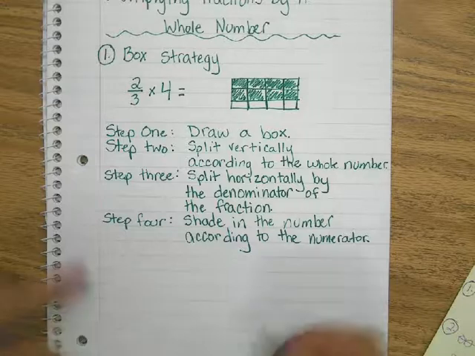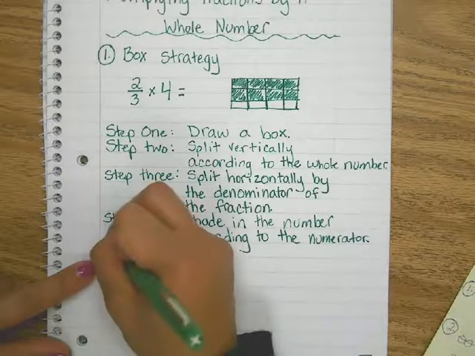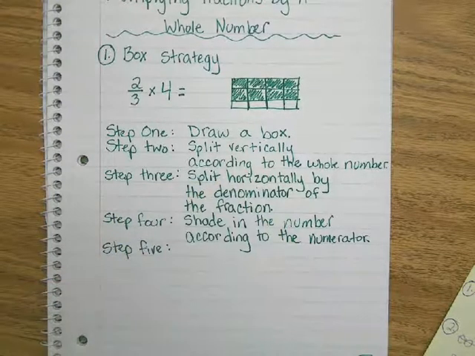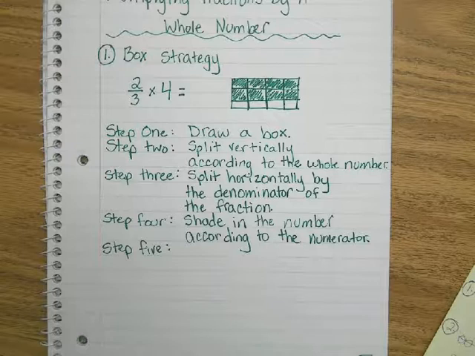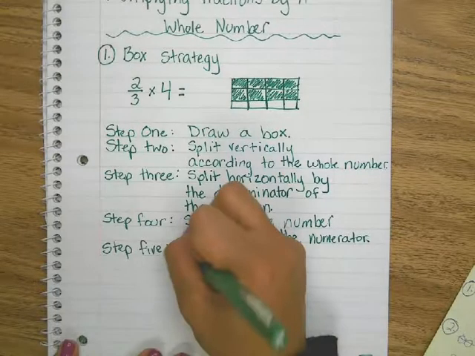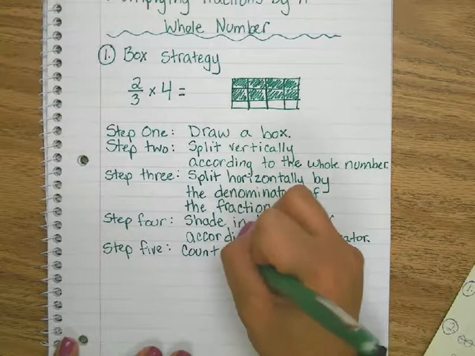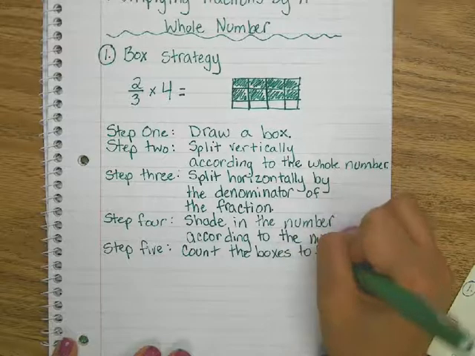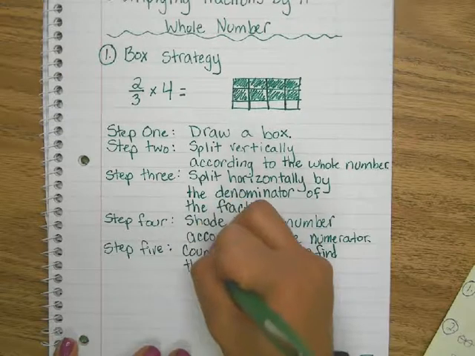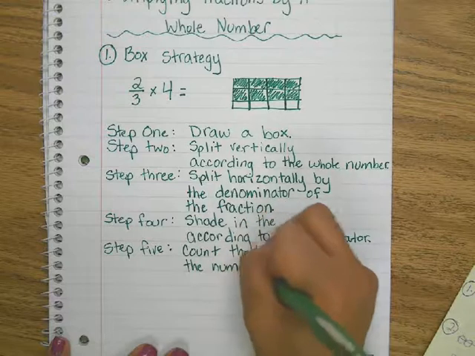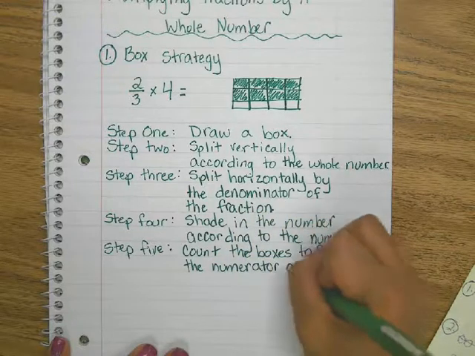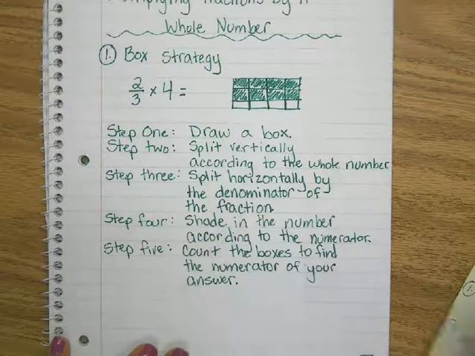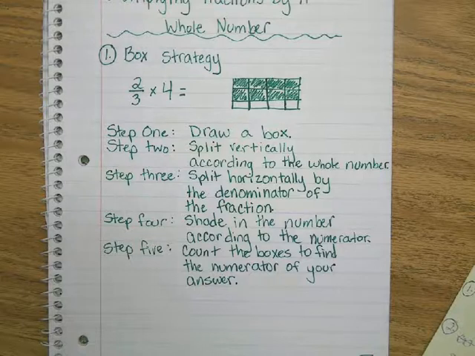Alright, our last step, step 5. Zoe. Add those little boxes together. Yeah, so count the boxes to find the numerator of your answer, right? And the denominator of your answer stays the same, right?